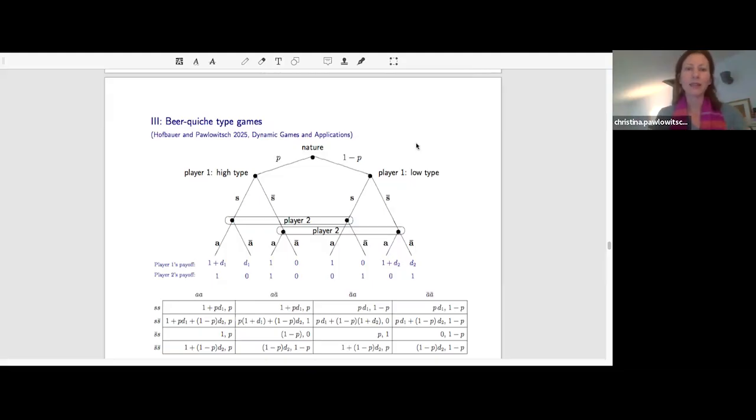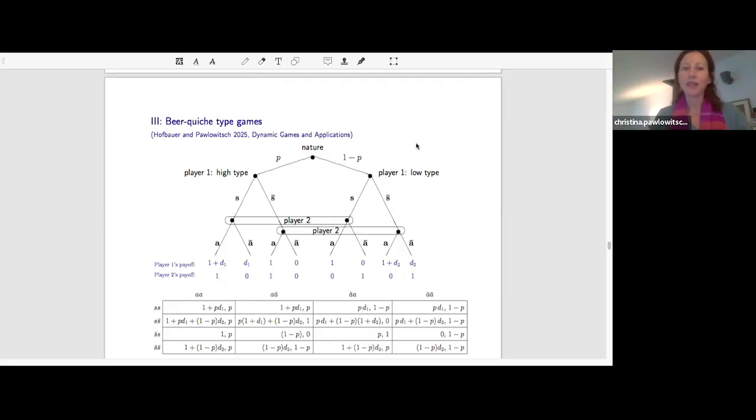So now let me quickly talk about a follow-up paper where we expanded the methods we had to a particular kind of game that is very popular in the game theoretic literature, the so-called beer quiche game.